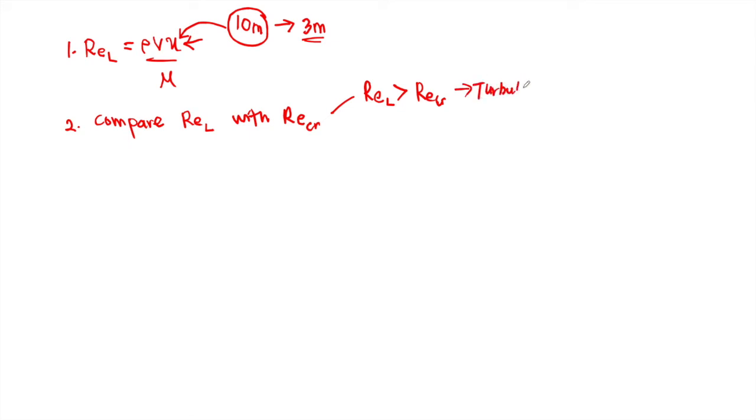If the Reynolds number L is lower than the critical Reynolds number, this is laminar flow.